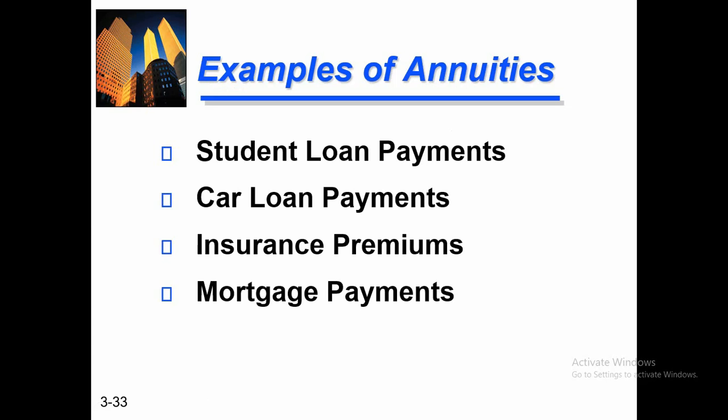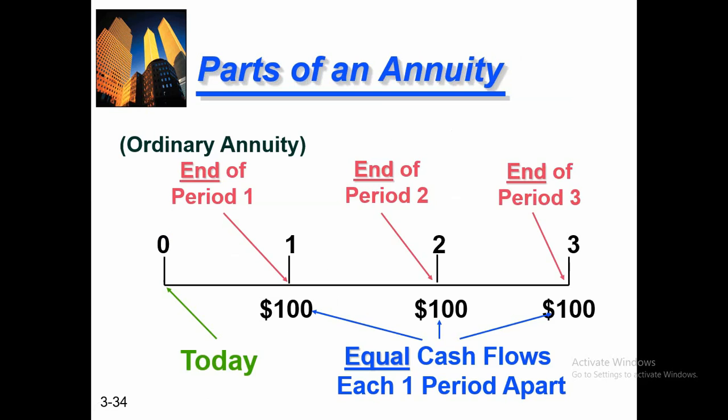Mortgage payments: you often take a loan against your home, like a home loan, and that also comes under mortgage payments. And retirement savings: after your retirement you get a fixed cash flow stream over a specified time period. All are good examples of an annuity.